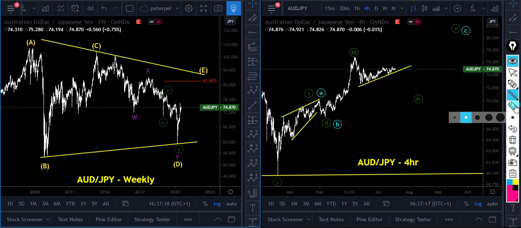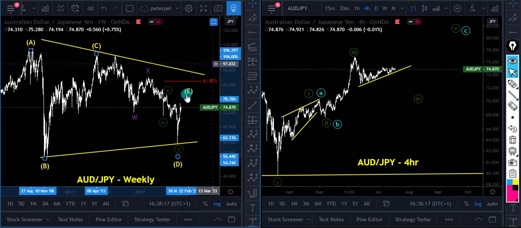If it is an impulse wave, then that means here on the weekly is going to be wave 1, wave A. We will get wave A here, and looking at the weekly, we still have our 61.8% fib level very high, so we can get an A, B, C to either the fib level or where the trend line is before we continue down. But if it is an ABC that we are getting right now, then that means we are going to shift wave E to this level.